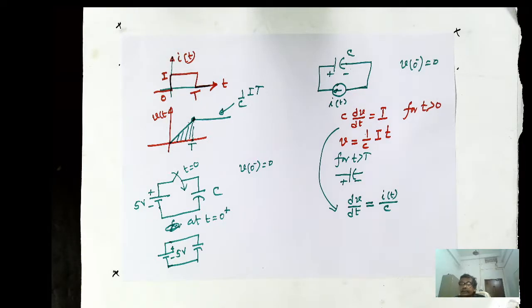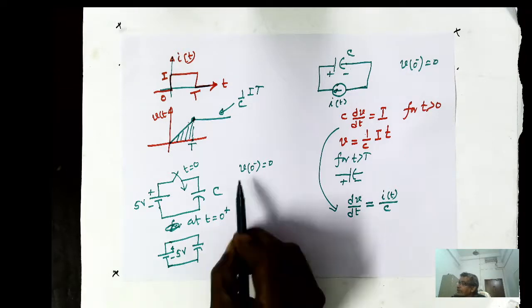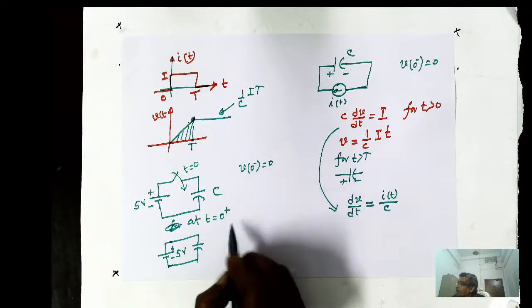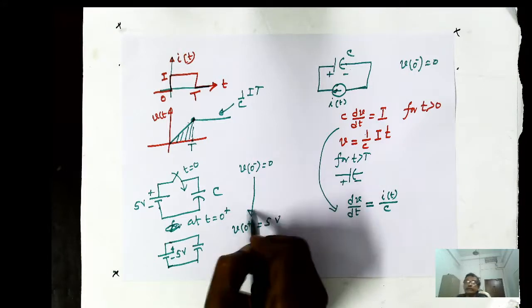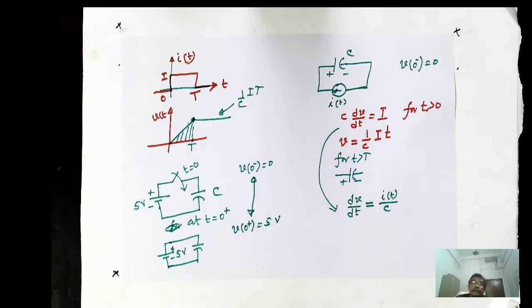Now we are in a situation where voltage across the plates of the capacitor at 0 minus was 0, and voltage across the plates of the capacitor at 0 plus is 5 volt. In other words, I am forcing the capacitor to change voltage across its terminal from 0 to plus 5 volt in practically no time.